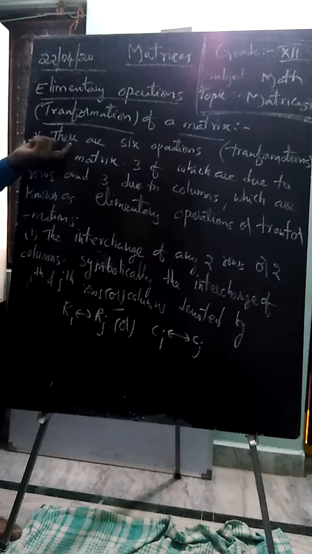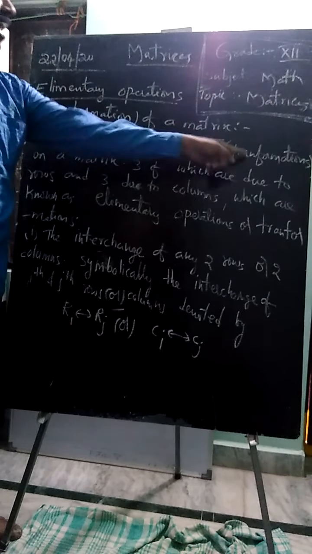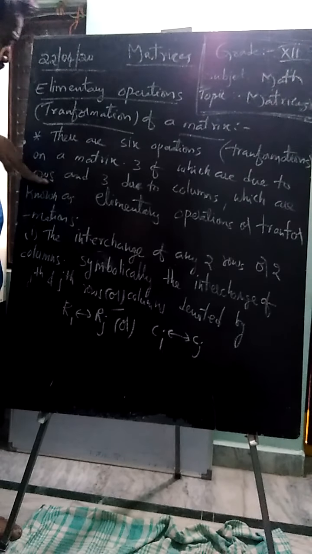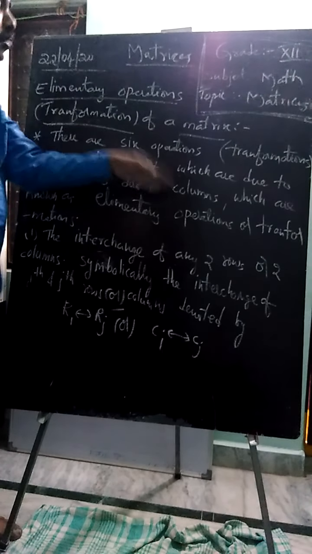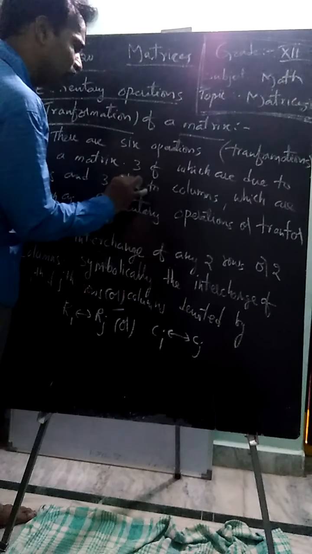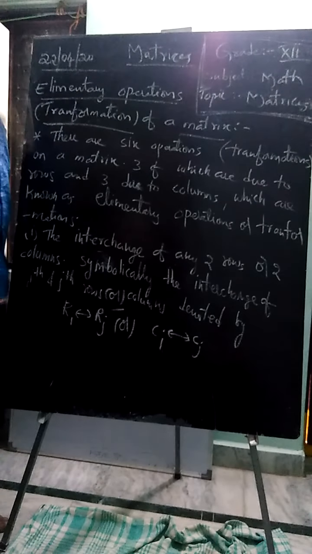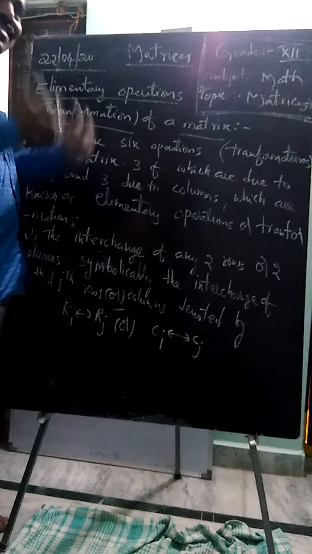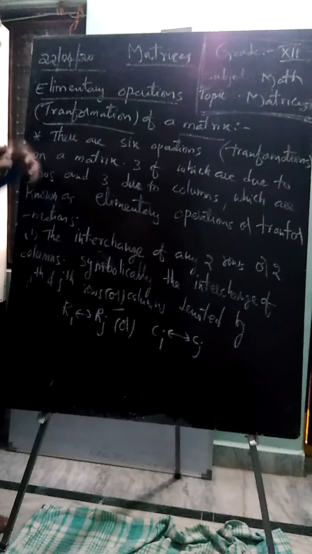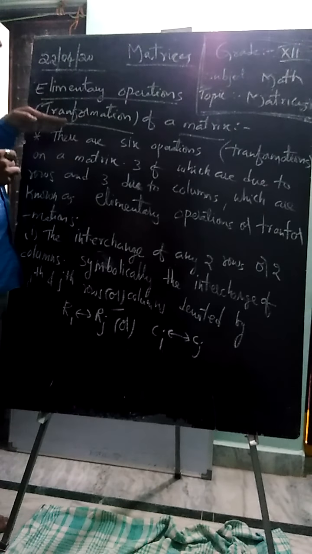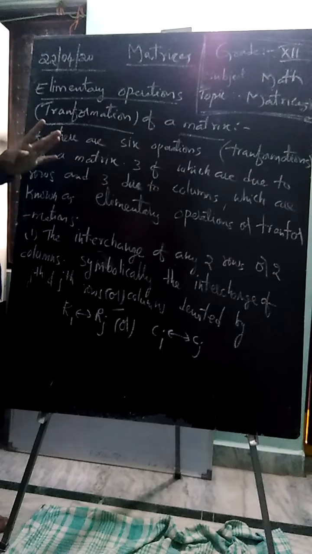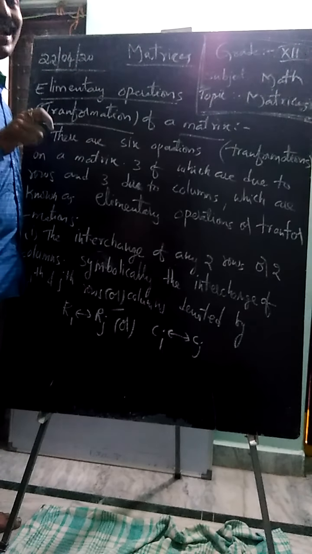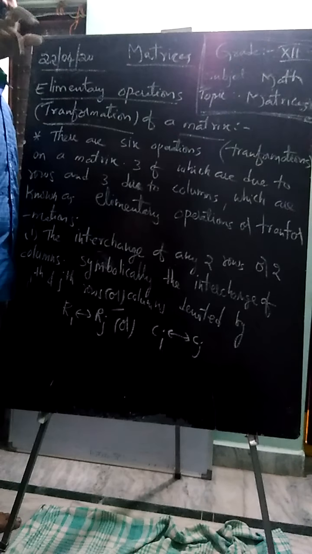There are 6 operations, 3 due to rows and 3 due to columns, by interchanging rows or columns. These are called transformations or elementary operations, which we will apply to a given matrix to find the inverse, if it exists.